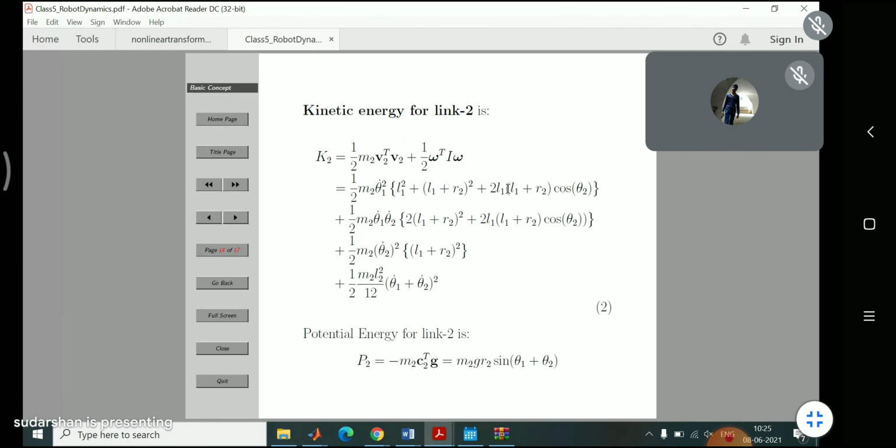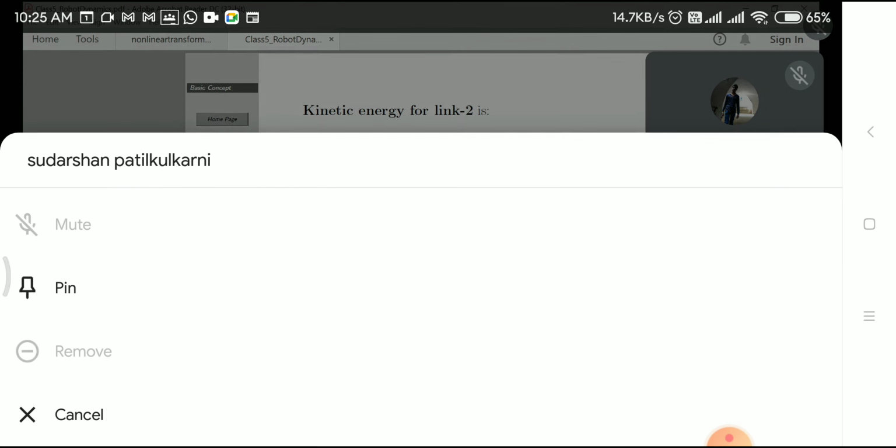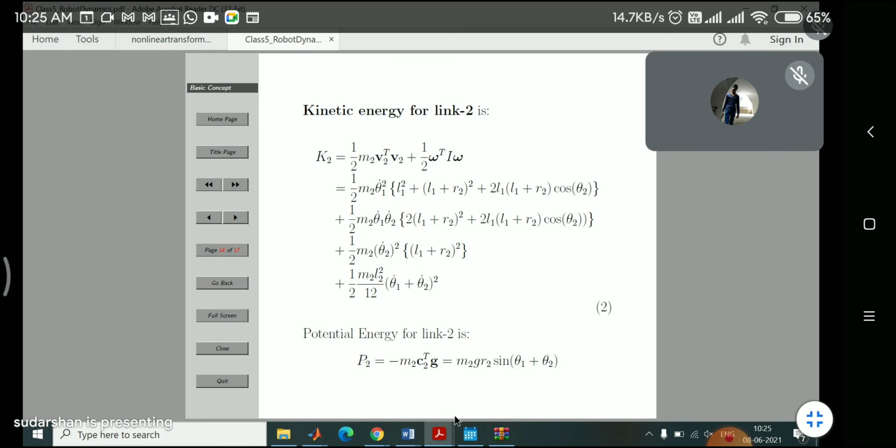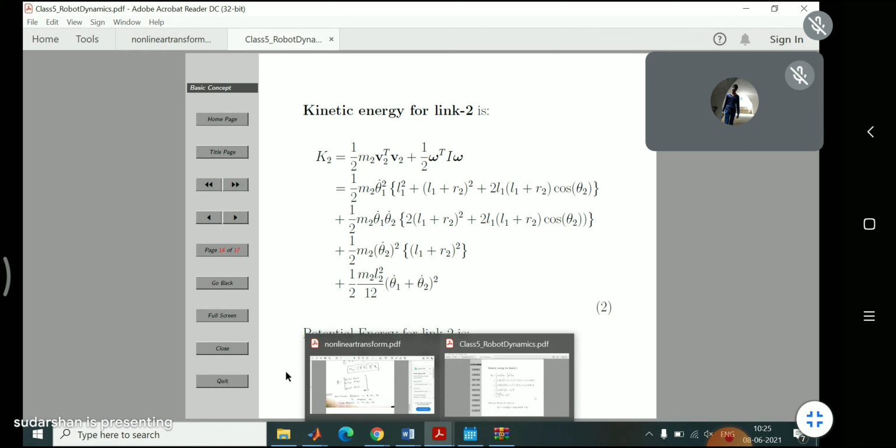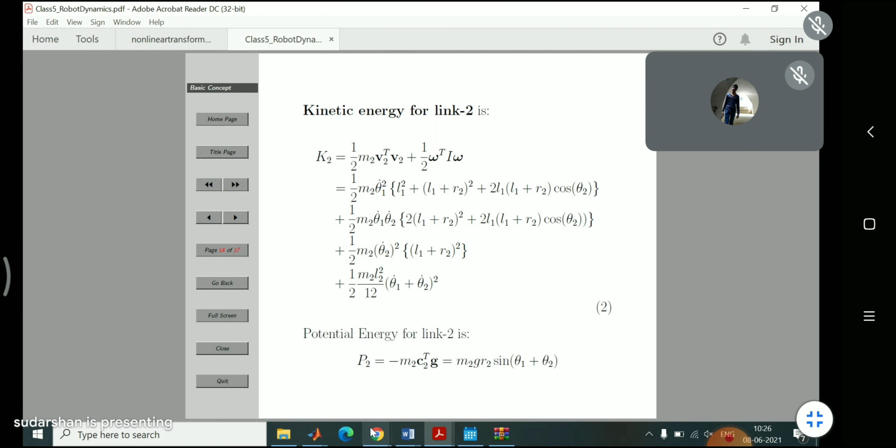So you apply appropriate work and force, you design your controller, you actuate the servo motors, okay, and you take the appropriate action. So that is the overall summary of this course. So next class we will start discussing computer vision and image processing. Any question on dynamics?